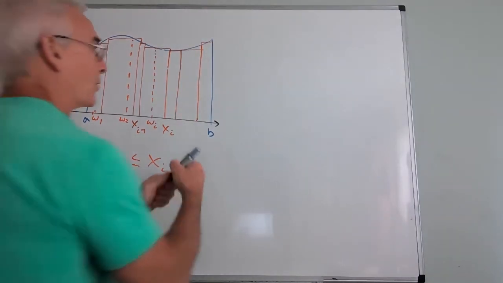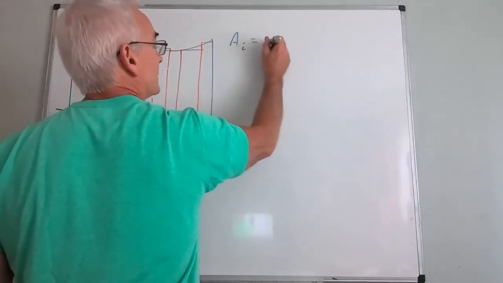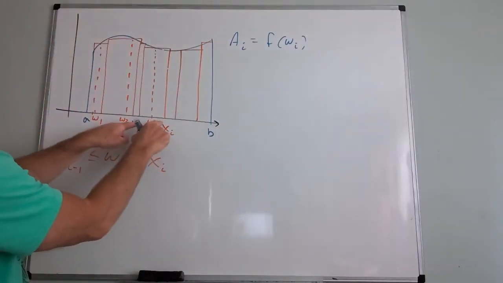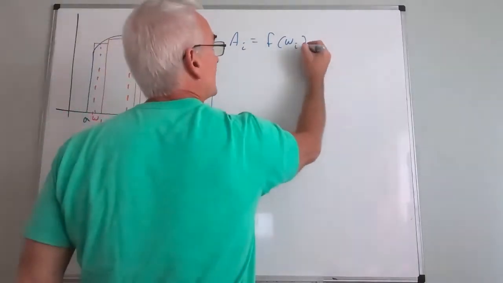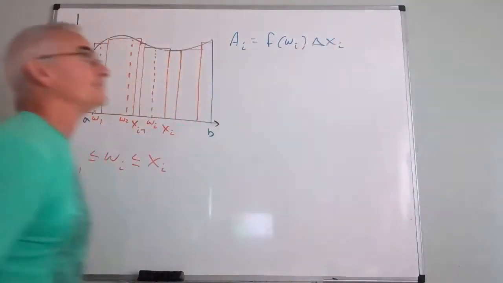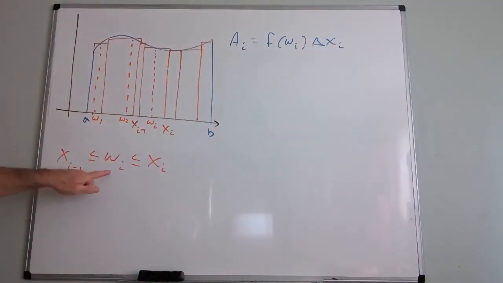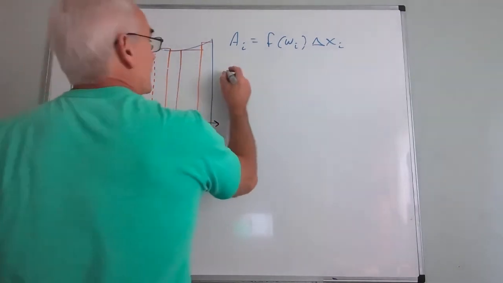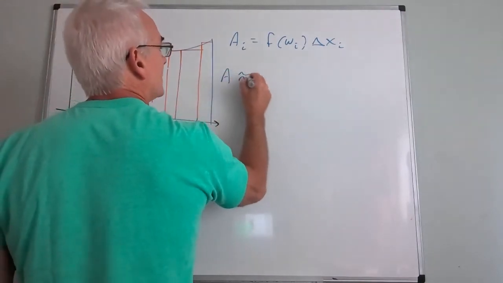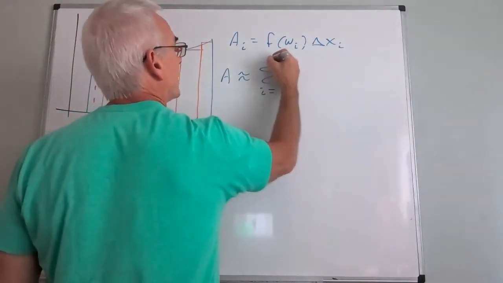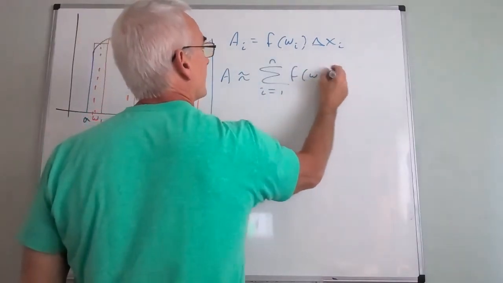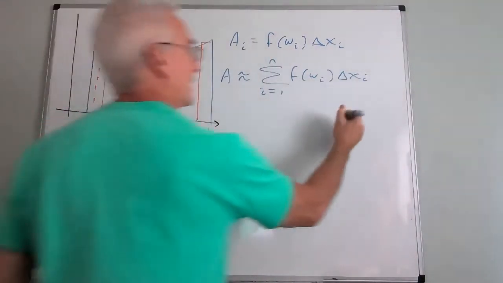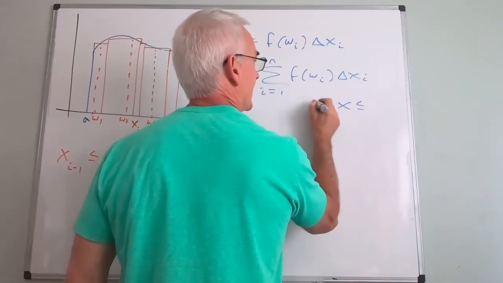Okay, so now, oh my gosh, this is craziness. But now I've got it so that the ith area is f of w sub i, this is my ith rectangle, times delta x sub i. Remember, w is a number between them, and w could be any real number between them. Yikes. So now I can say once again, my area is estimated by this. And by the way, in this case, the x's range from a to b.